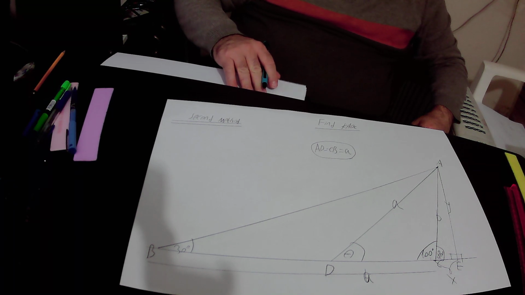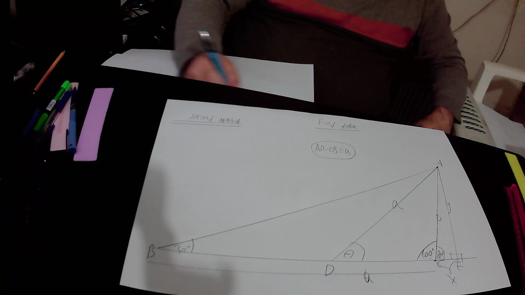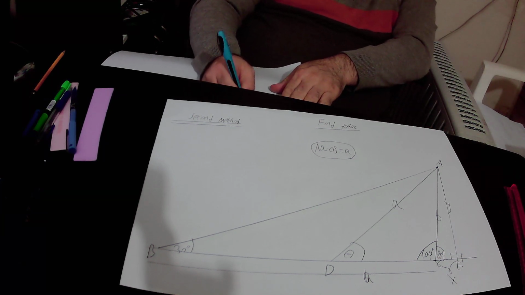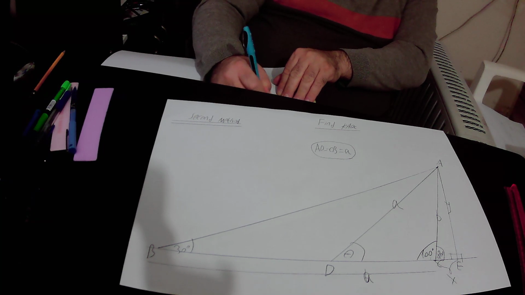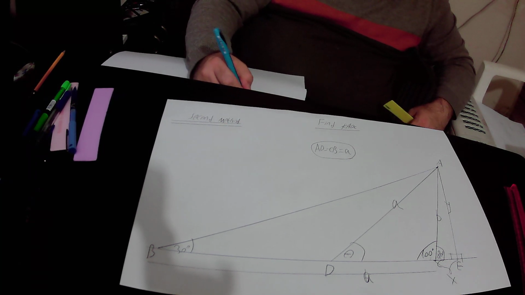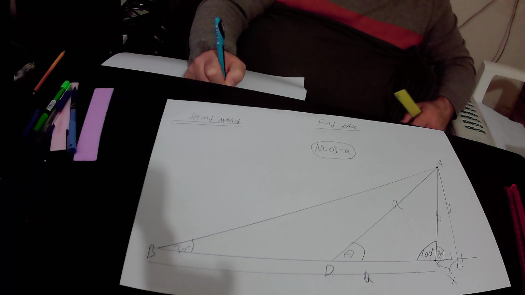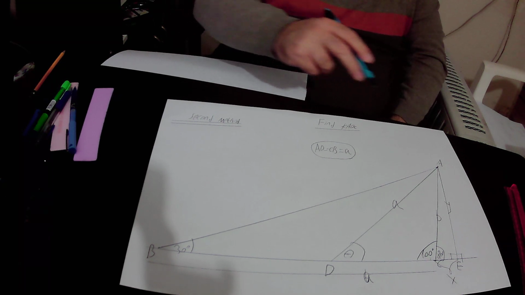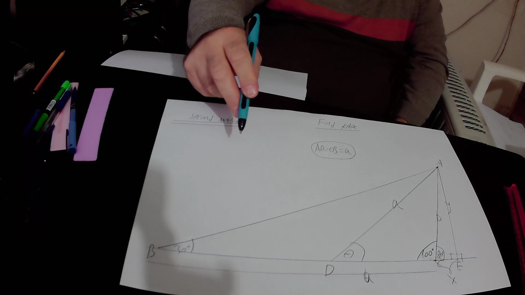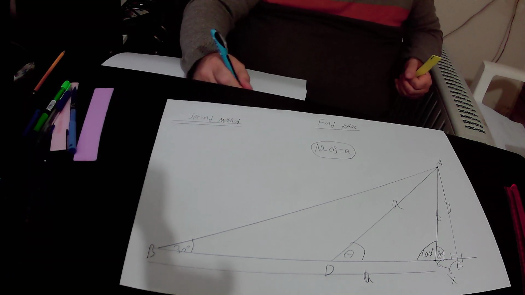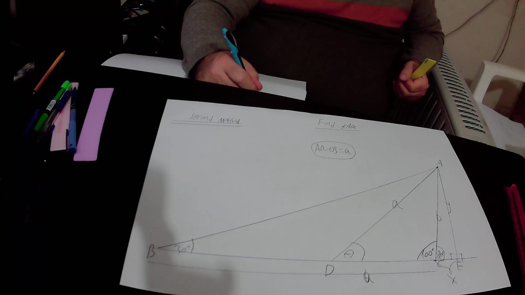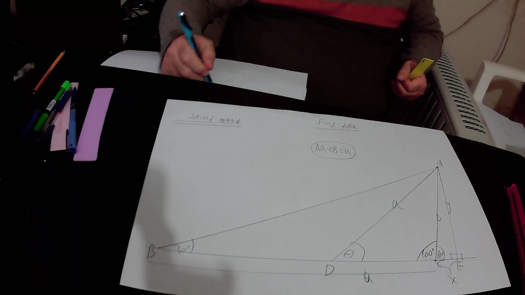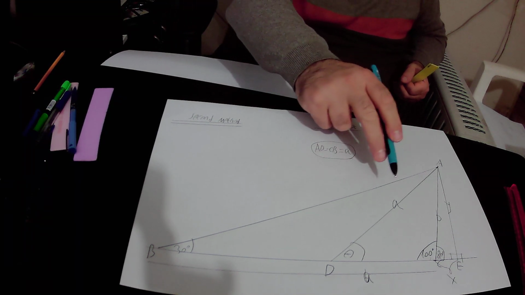On the right triangle, triangle ABE, we will get that tangent 30 degrees equals AE over BE.